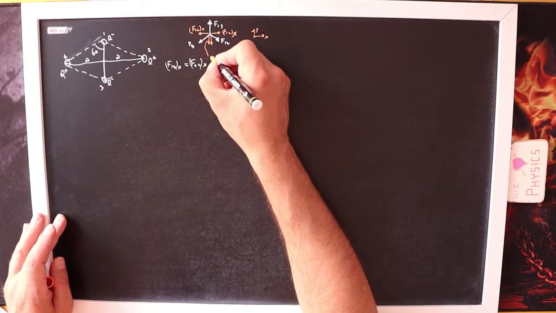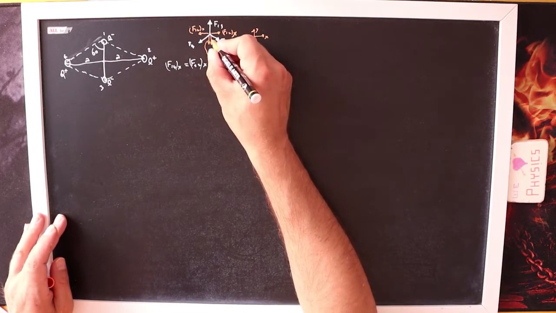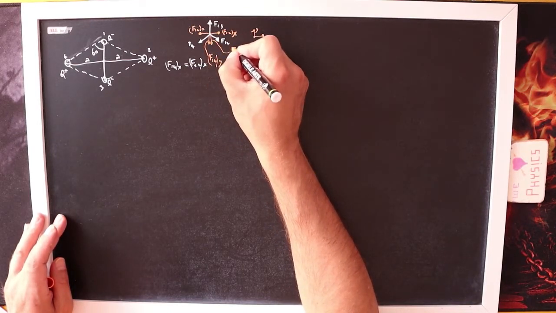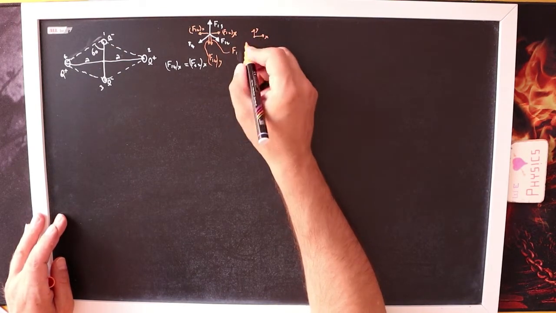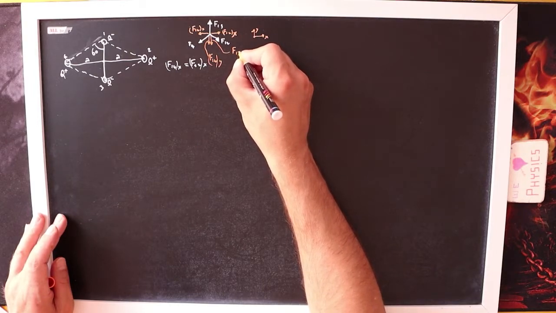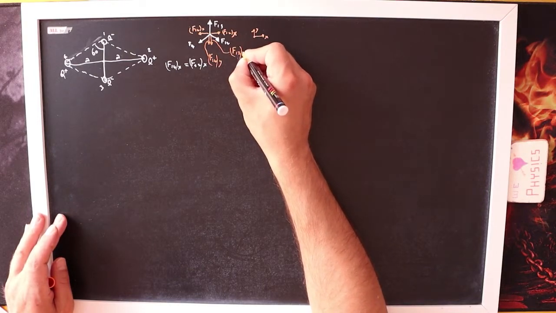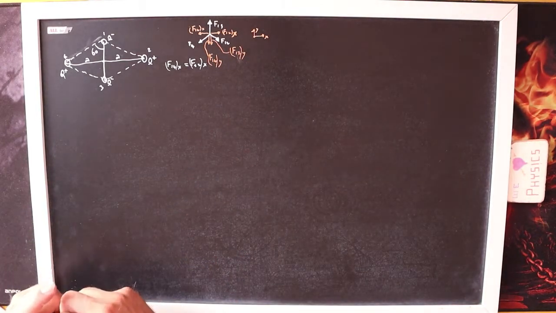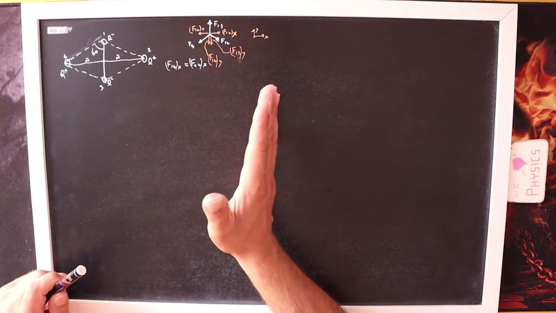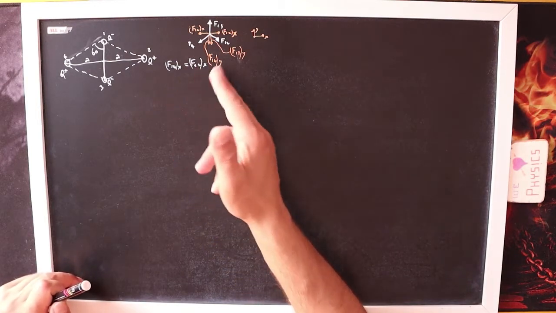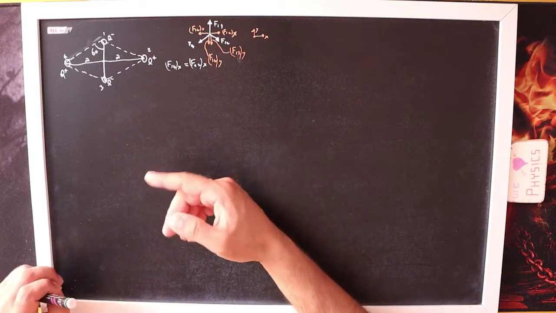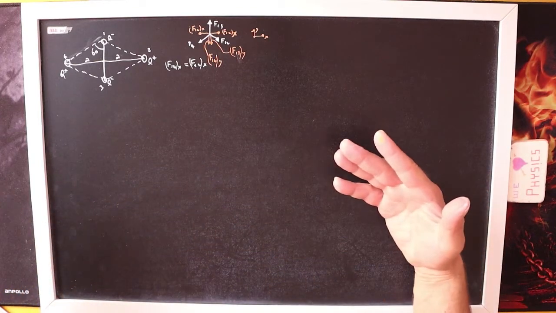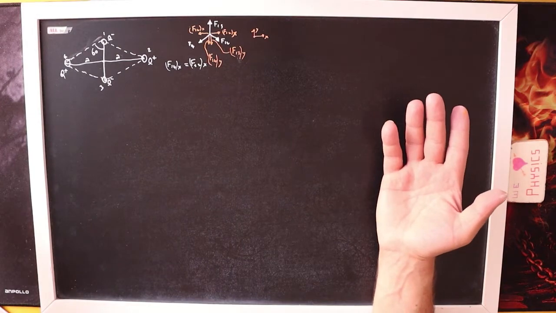This one is the vertical component of F14 along y, and this one is F12 along y. Alright, so all we have to care about is the component of the three forces along the y direction, because the other two along the x direction cancel each other out.